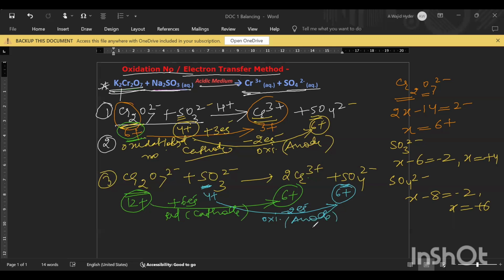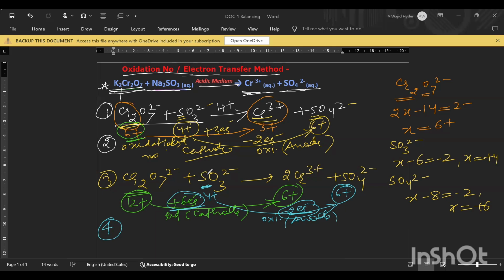Now what you should do, you should make the number of electrons lost and gained the same. Here 6 electrons are gained, and here 2 electrons are lost. Number of electrons lost and gained must be the same.